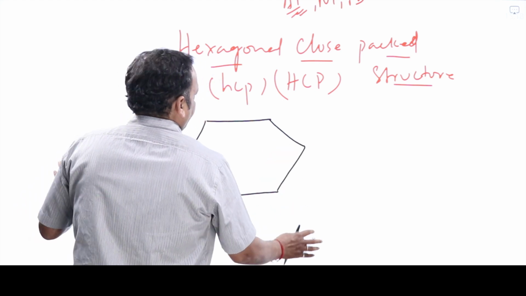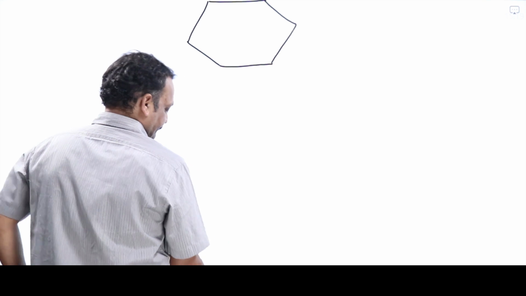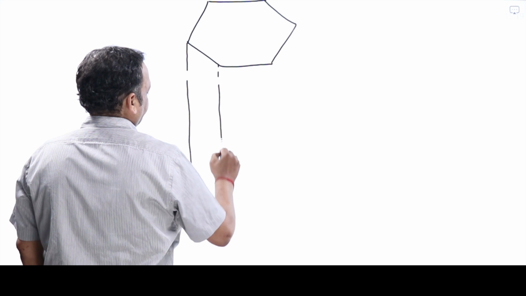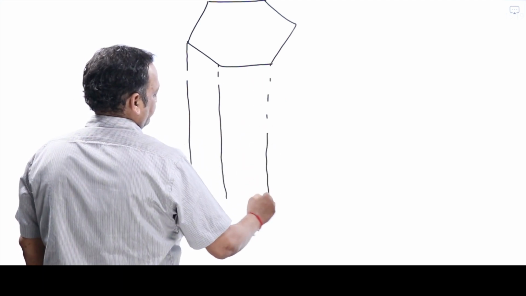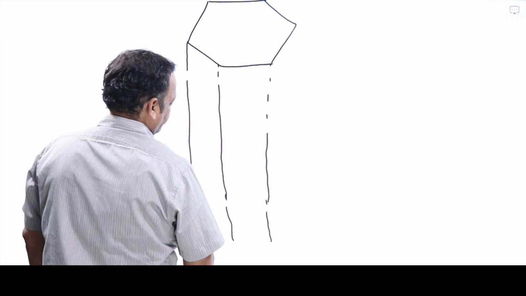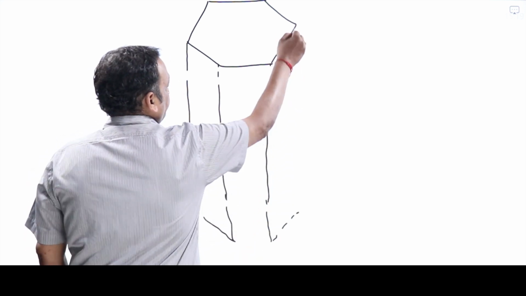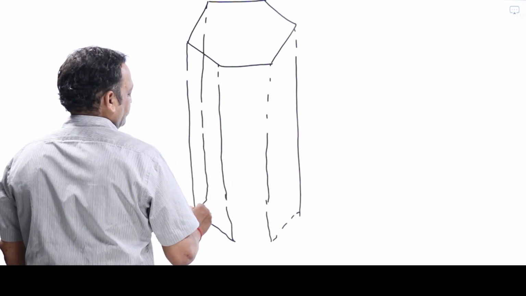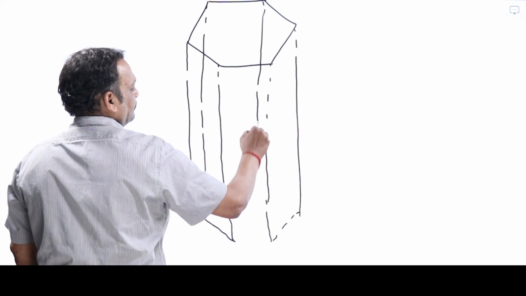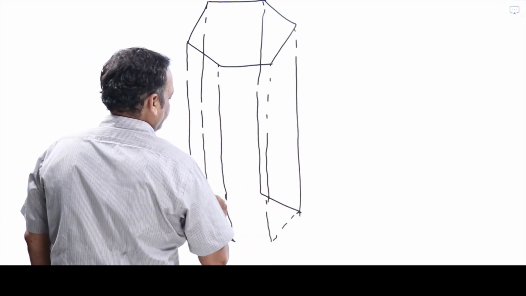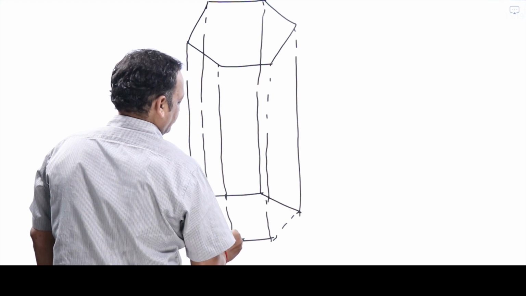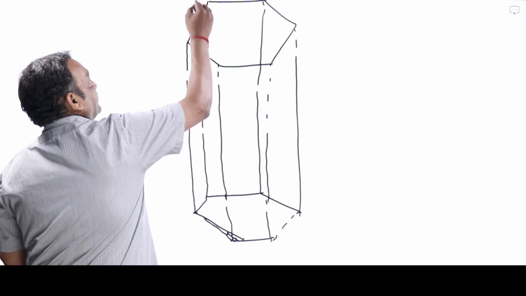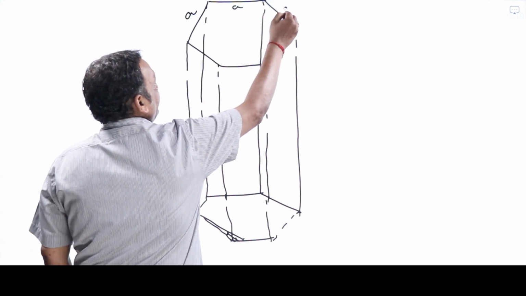Okay, this is a hexagon here. The side of the hexagon is a, meaning all sides are a only.